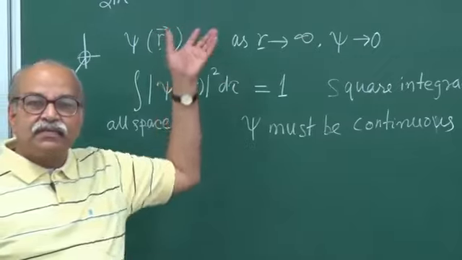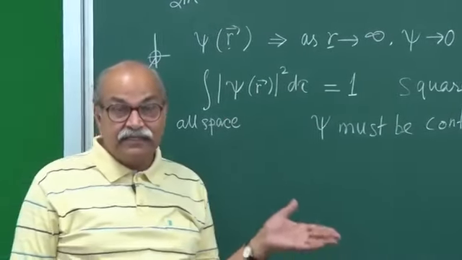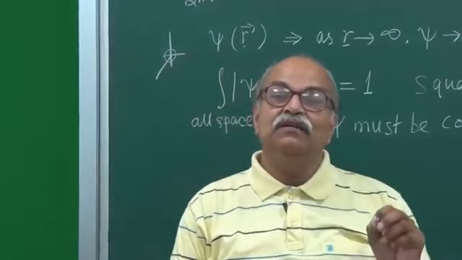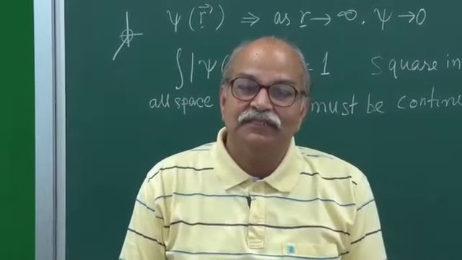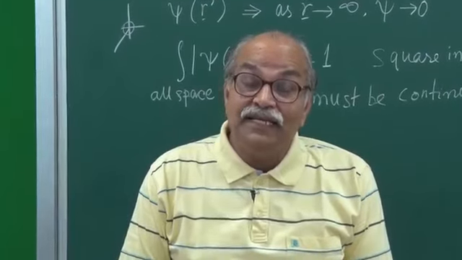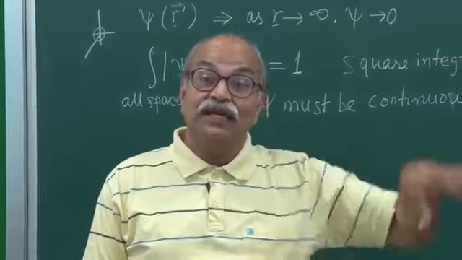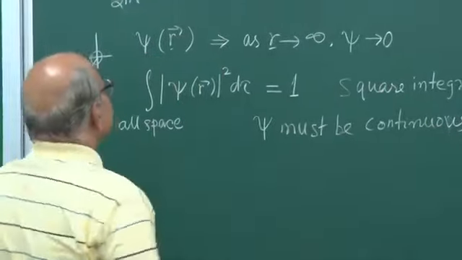So these are some of the conditions that this wave function must follow, and it turns out that if you put any arbitrary value of this energy capital E, in general you may not get any functional form psi which satisfies the equation with these boundary conditions. Your equation is here.